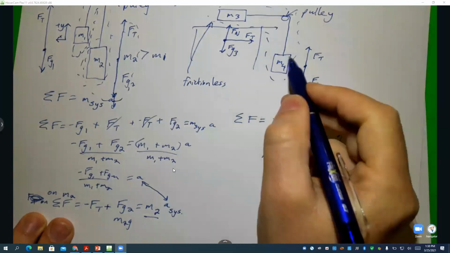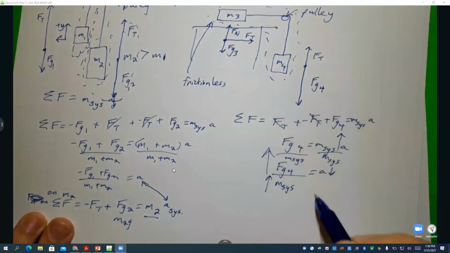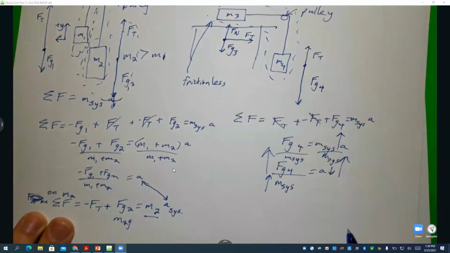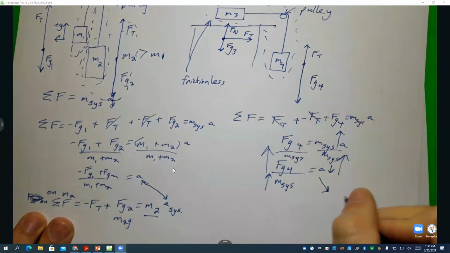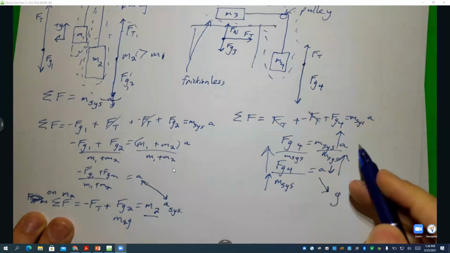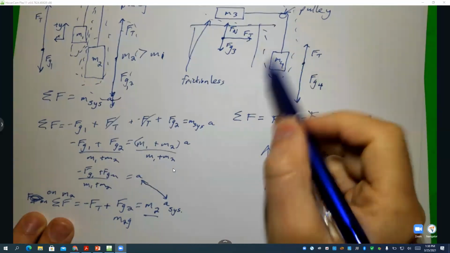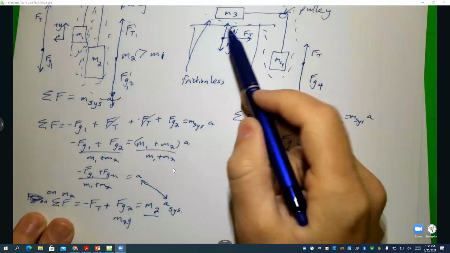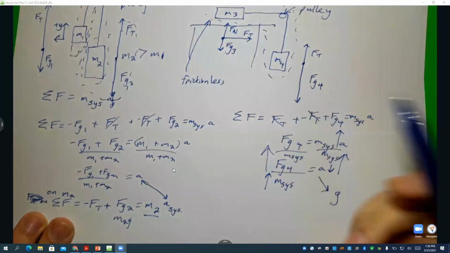Almost all of it will be in here. So then you'll get a very large acceleration that'll get pretty close to g, right? Because if this is just left to fall, it's going to be almost like free fall.